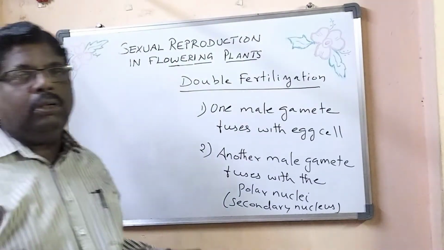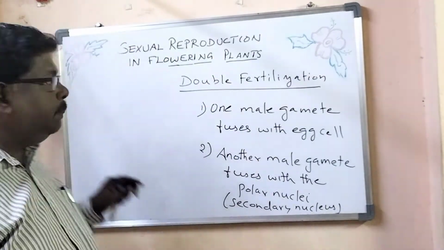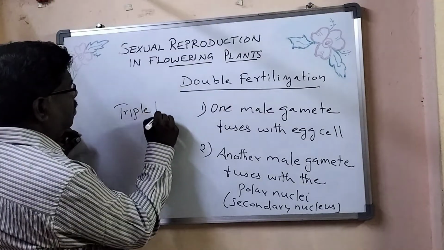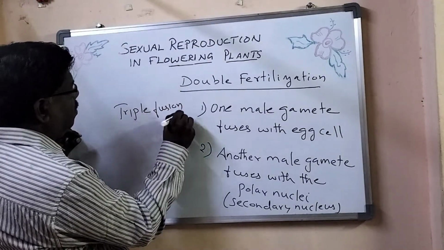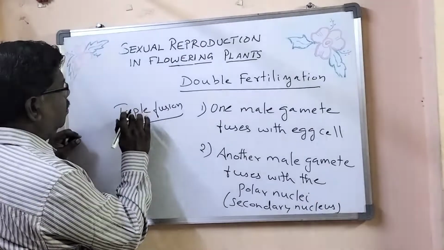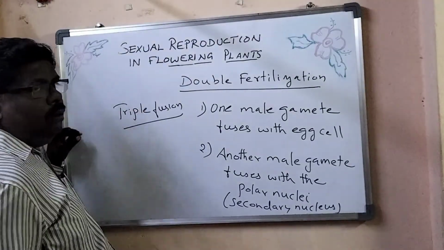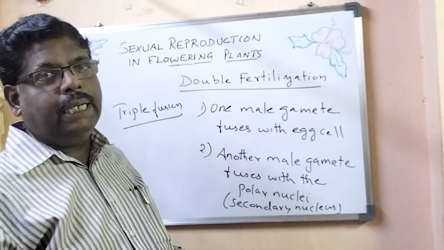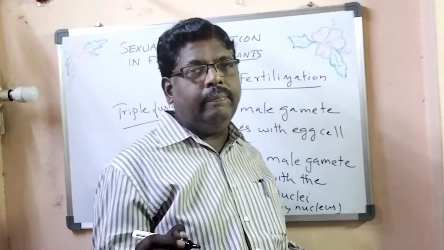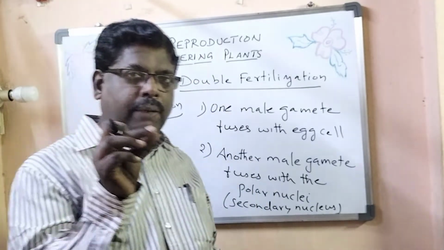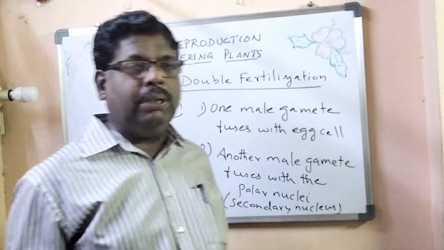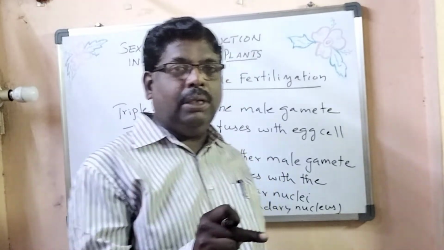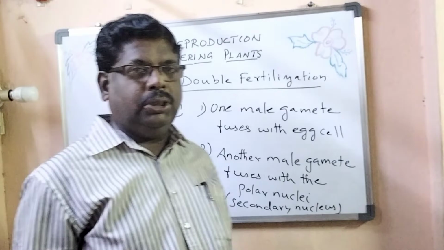Okay, here one more concept is hidden, that is called triple fusion. Triple fusion in the sense, in the embryo sac there are two polar nuclei. These two polar nuclei will join to form secondary nucleus. To that secondary nucleus, another male nuclei get fused.